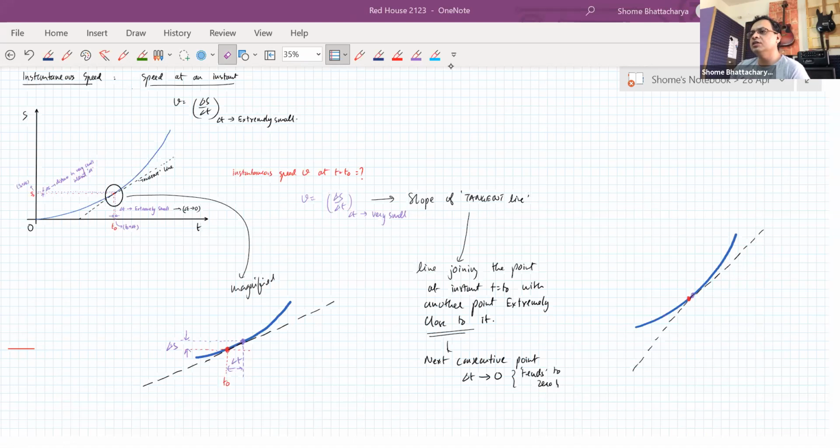Yes, Anshul, your point is correct: in this case we can also see that the instantaneous speed is changing from time to time. Every instant we have a different value of instantaneous speed, and that is why we call this non-uniform motion. Yes, Harshit, that's correct, we can say that the 2 points are then almost coinciding.